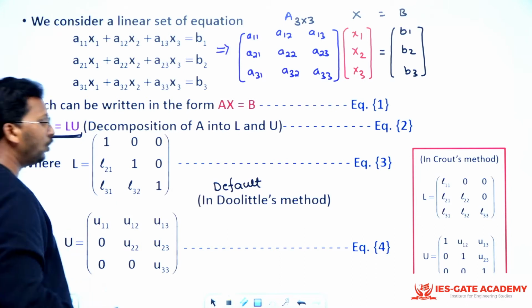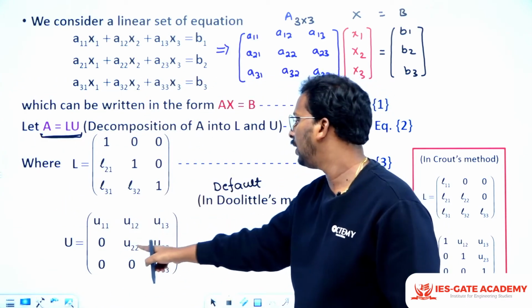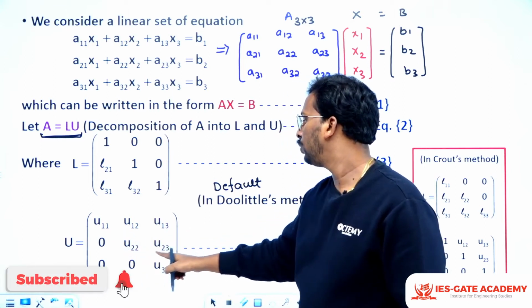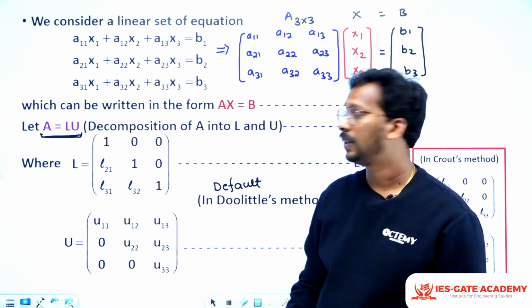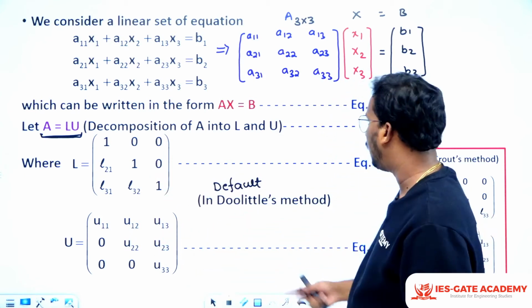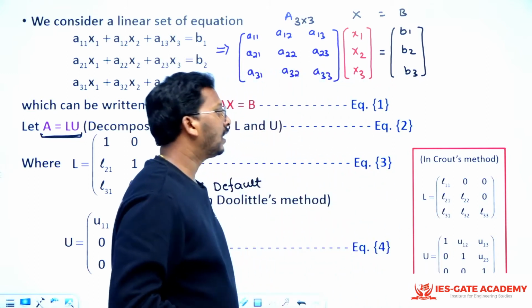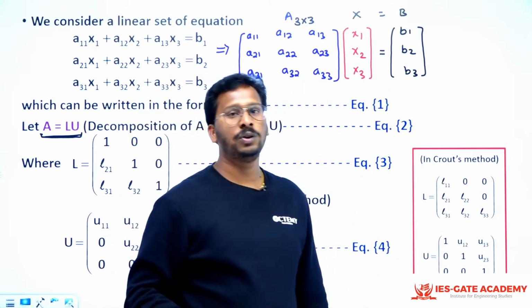And U will be u11, u12, u13; 0, u22, u23; 0, 0, u33. So this will be your L matrix, and this will be your U matrix. If he tells you to use Crout's method, U is a unit upper triangular matrix.